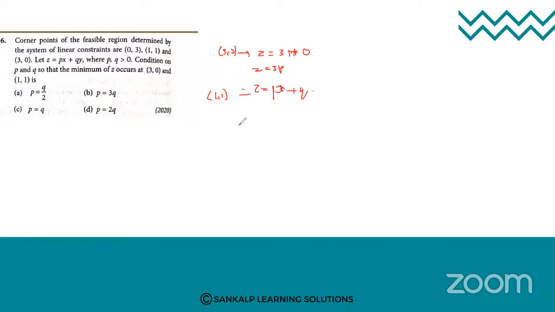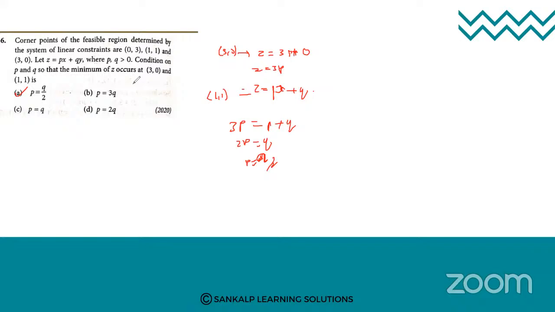So when we equate these both, what do we get? 3p from the first equation is equal to p plus q, or 2p will be equal to q, or p will be equal to q by 2. So q by 2, option A gives us the right answer.